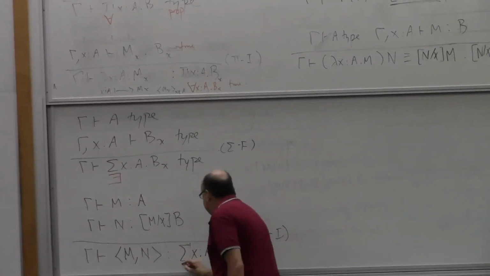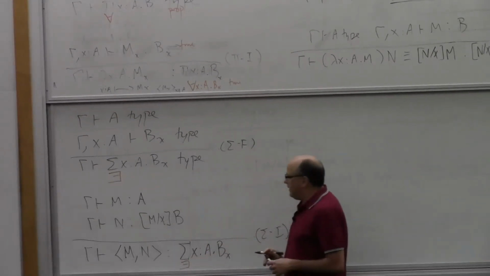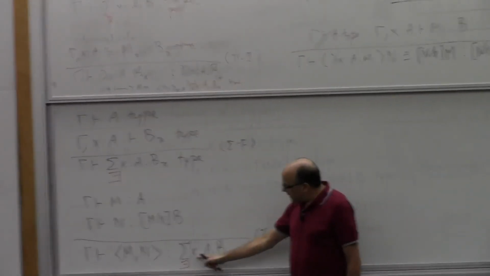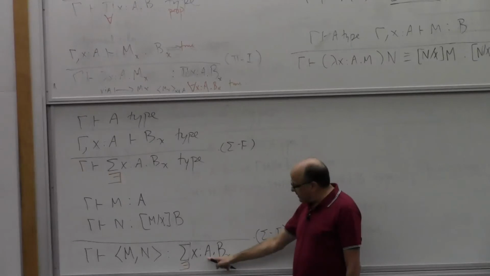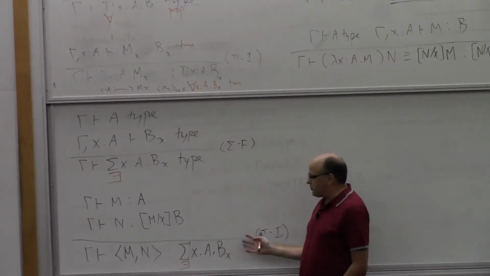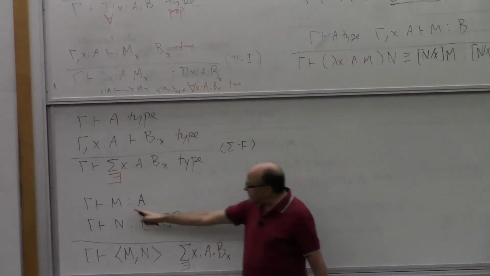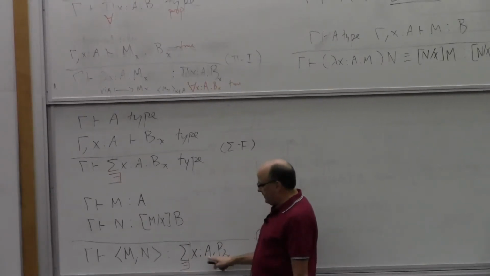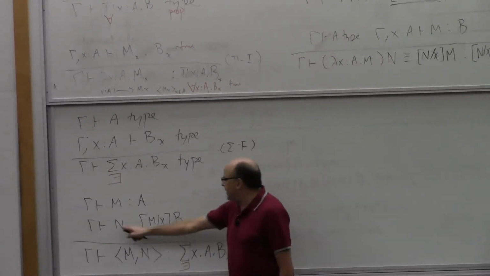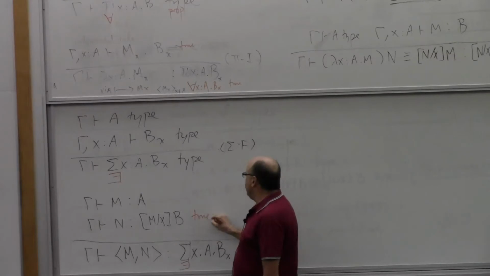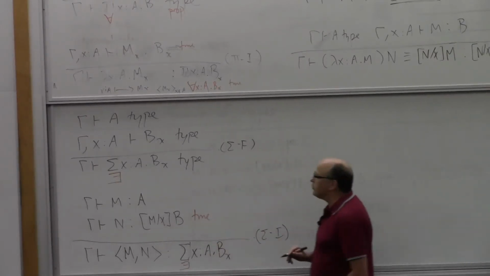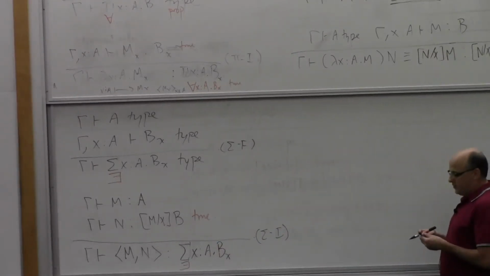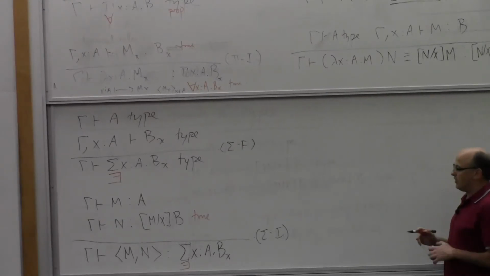If you think of this as an existential quantifier, it says, if I want to show you that there exists an x in A such that B of X is true, then what I do is I exhibit a particular A, that's the witness to the existential, and then I tell you that B is true for that particular instance. And so you can see the correspondence to existential quantification.